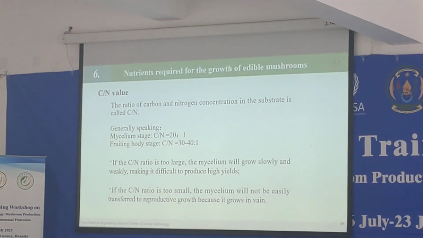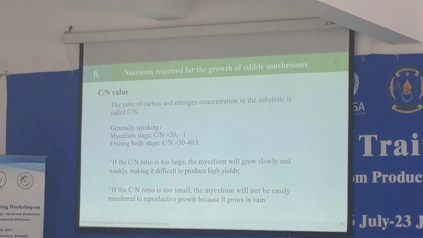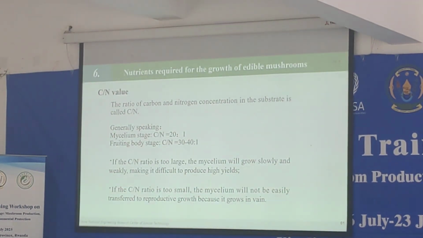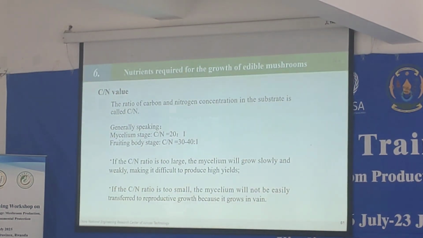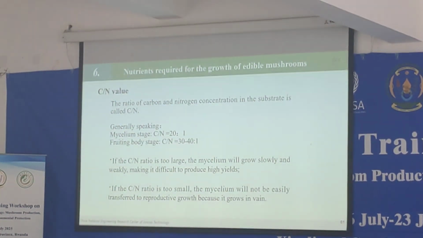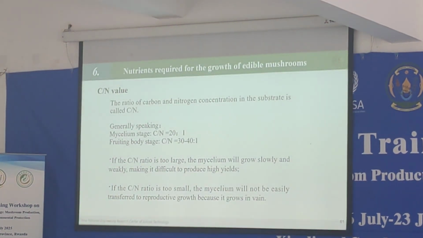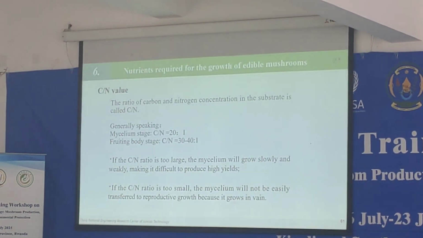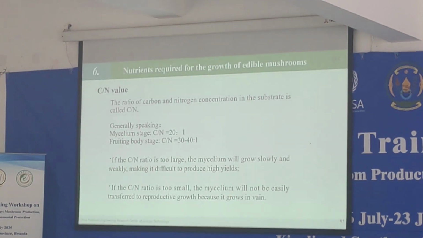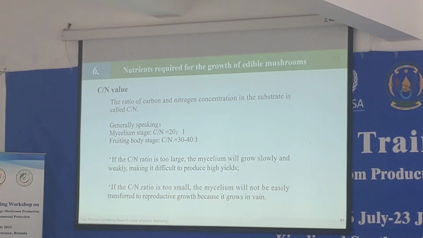So when we make substrate, we should keep to the carbon to nitrogen ratio. Generally, for the mycelium stage, the ratio of carbon source to nitrogen source we keep at around 20 to 1, and for the fruit body stage, the ratio is around 30 to 40 to 1.